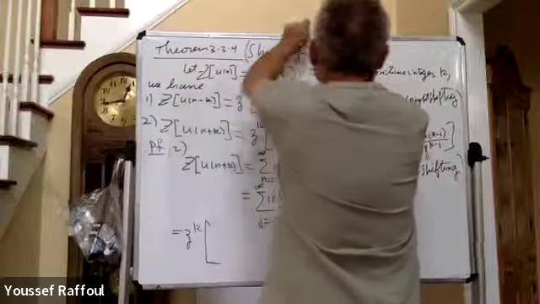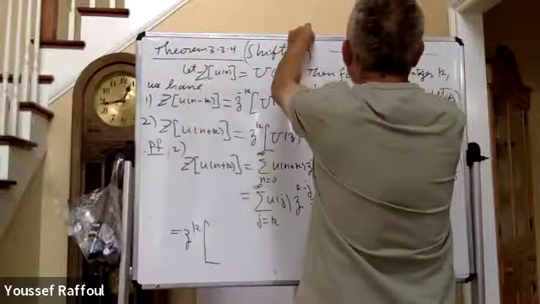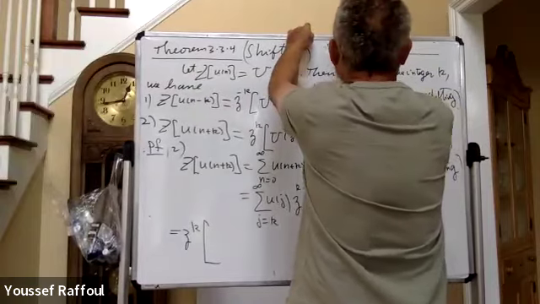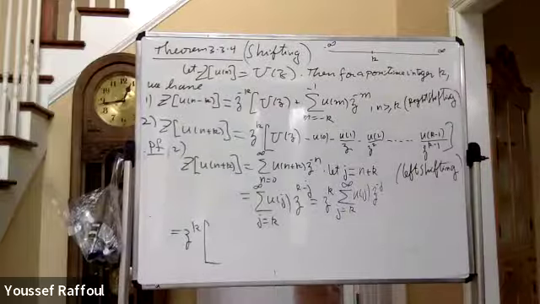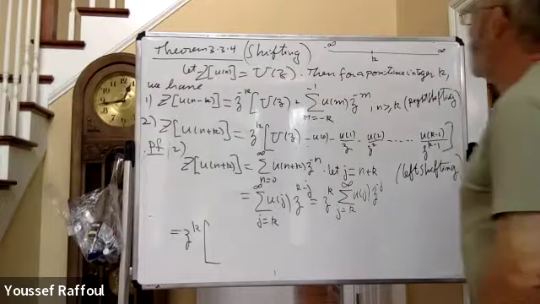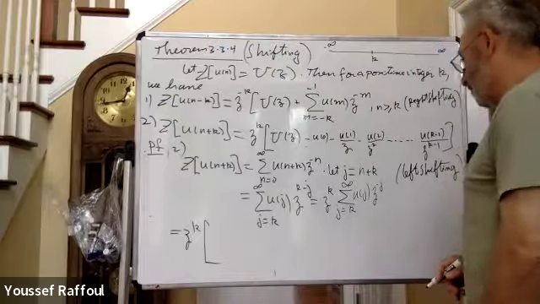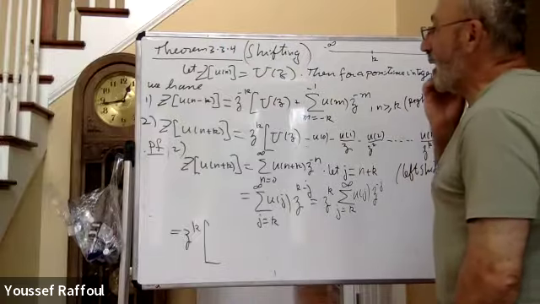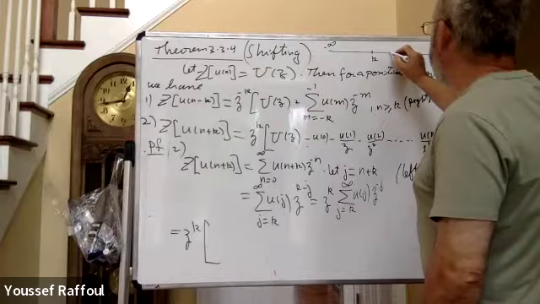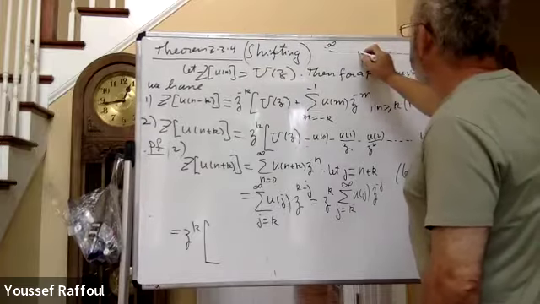Look, I have this going from k to infinity. And n plus k, and let's say 0 is here.